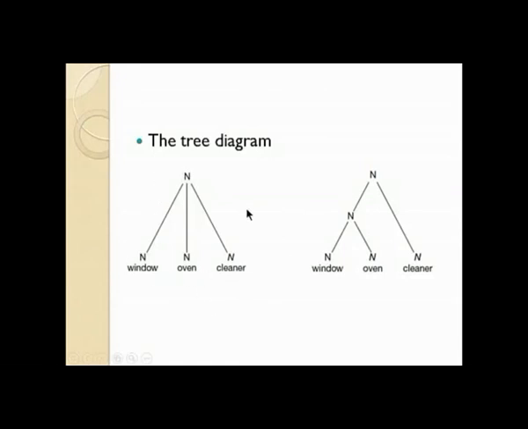It has three branches, but it's wrong because in here window oven is one word and cleaner is an addition. So the form of the tree diagram should be the one on the right. As you could see, window oven becomes one word, and cleaner is just an addition. So the last branch goes into cleaner alone without connecting to anything else like oven cleaner or window cleaner.